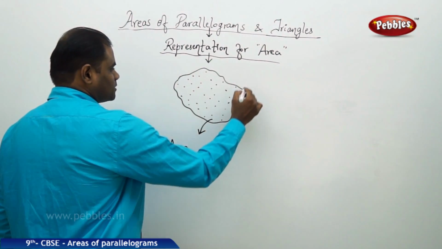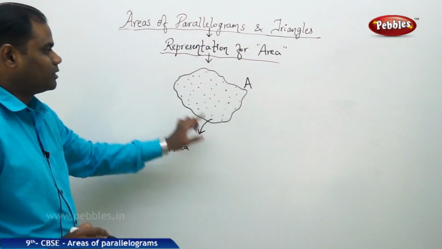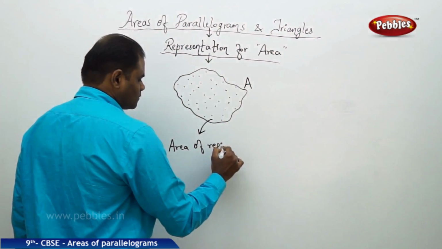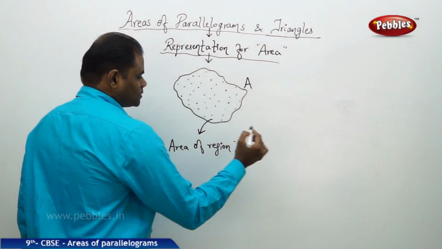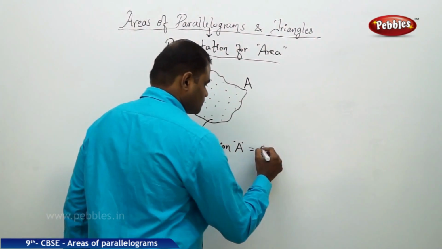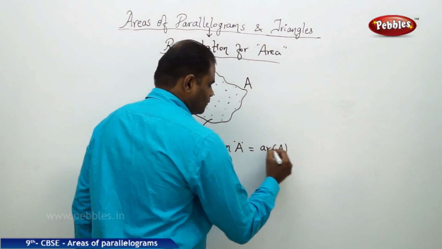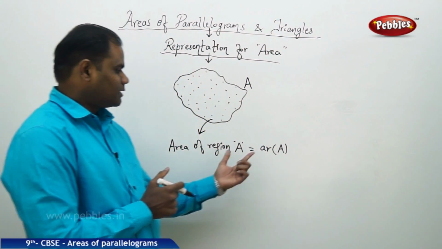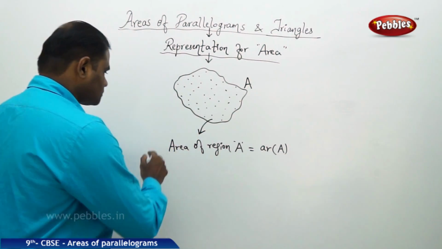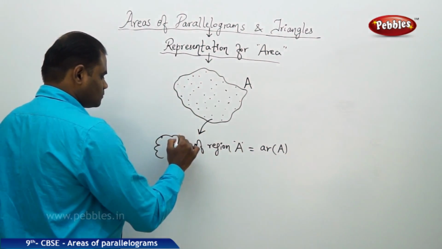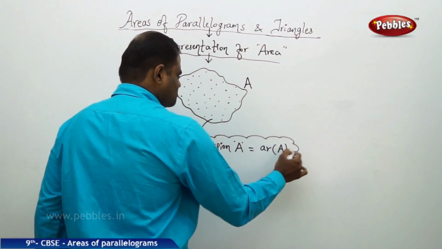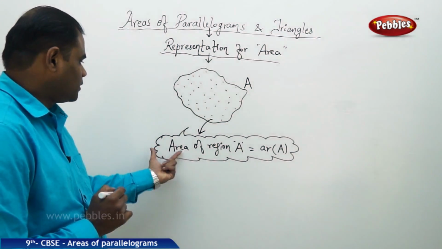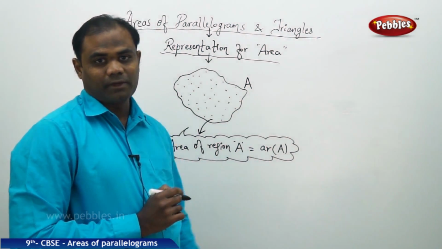If this whole region is represented by A, then area of region A is denoted by area of A or AR of A. So when I write AR of A, it is the symbol or representation for area of A. So area of region A is denoted by AR of A.